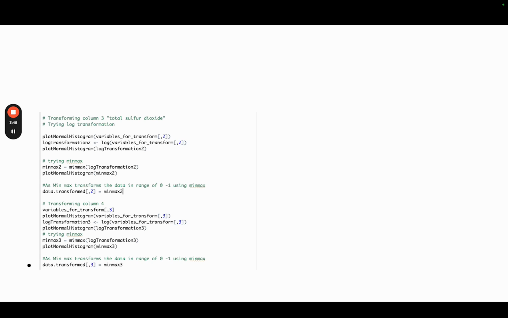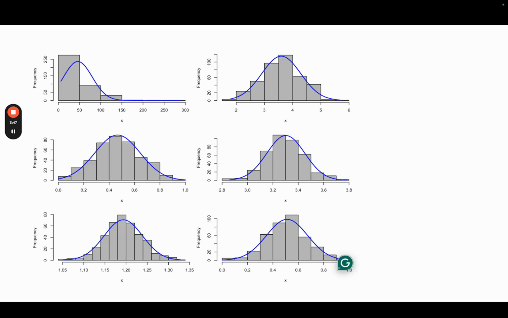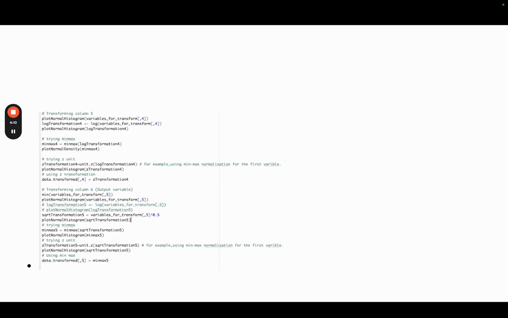Similarly, I used the transformation for columns 3 and 4. You can look at the graph. Graphs will tell us a similar picture. Here, you can see how the data is transformed from one place to another, and we can see that the data is again between 0 and 1, and that's why I used the corresponding transformation for column 5 and column 6, where column 6 is the output column.